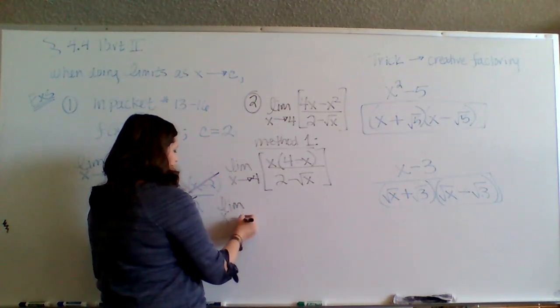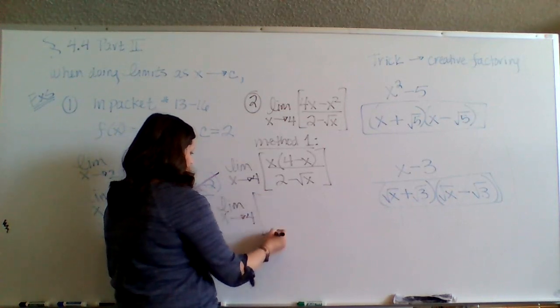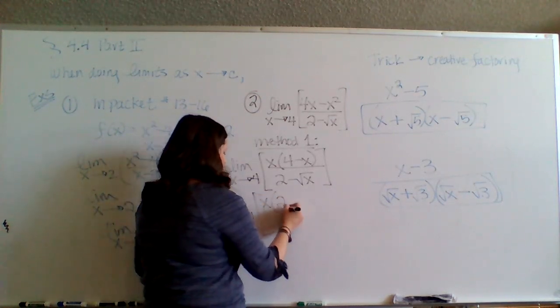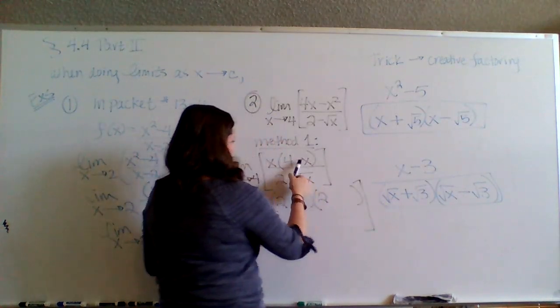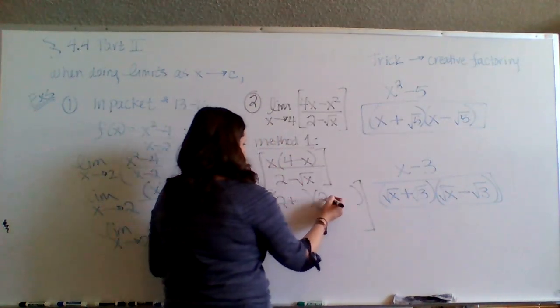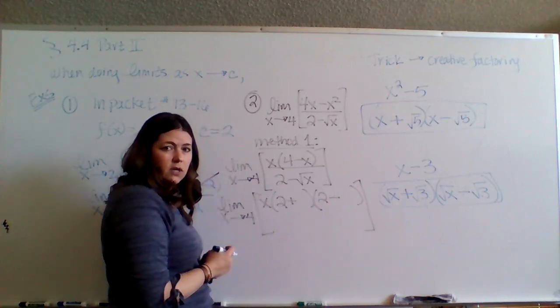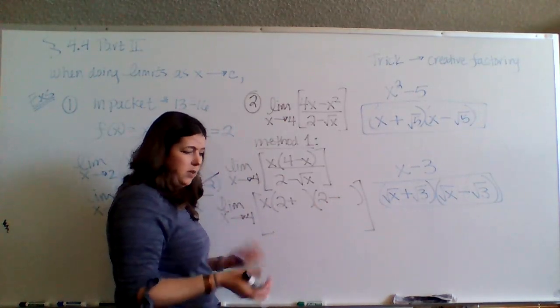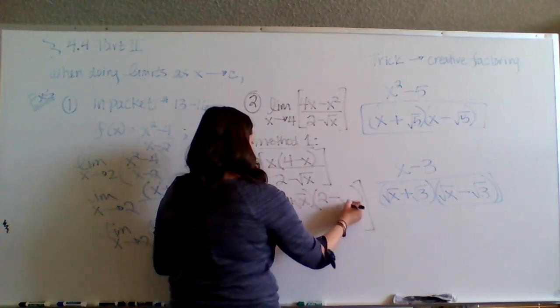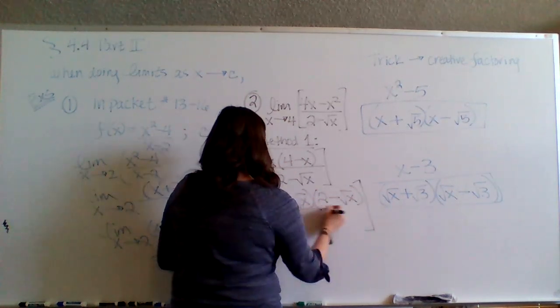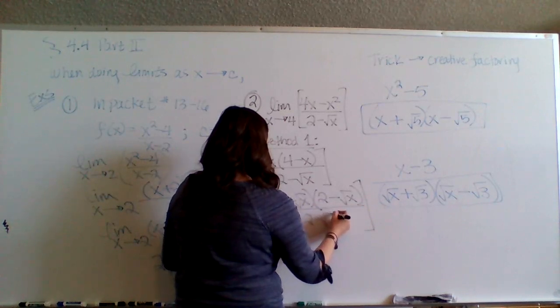Because we know that 4 comes from 2 times itself, 2. So that would go with the first part of each set of parentheses. And as long as it's a subtraction sign, we can say, oh, opposite signs, plus, minus, so the outside and inside would cancel. And I just need x to come from something times itself to give me x. Oh, how about the square root of x times the square root of x? Still all over that original denominator.